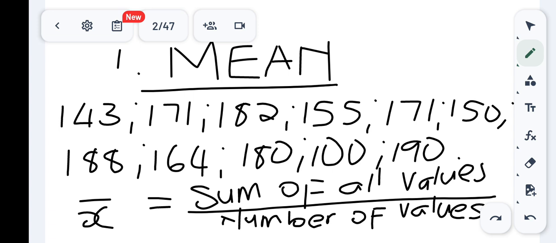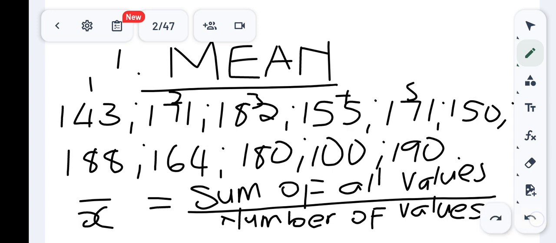How many values in this case? We've got 1, 2, 3, 4, 5, 6, 7, 8, 9, 10, 11. So you will divide by 11.